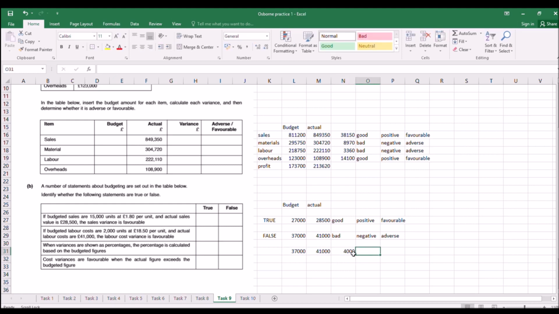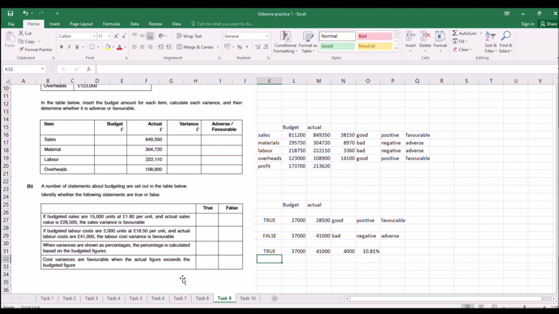We then divide that, and for the significance we always divide by the budgeted figure. Let's format that as a percentage. So there's our percentage. Yes, that would be true. That's what I just did.